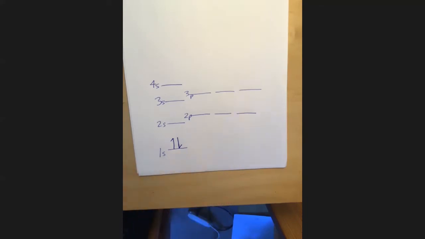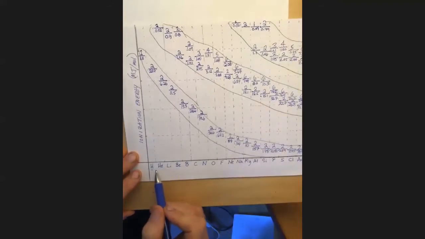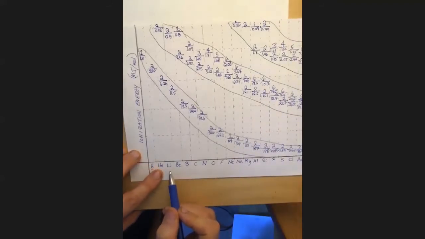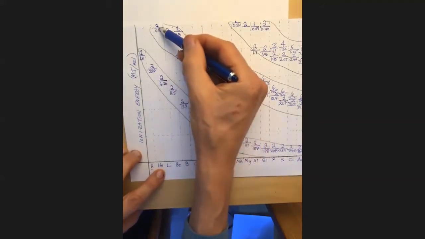Now, the next rule is the Pauli exclusion principle, and it actually comes into play at this point, even if it seems obvious that we shouldn't need to worry about it. For instance, we know from the photoelectron spectroscopy data that lithium has 2 electrons here and 1 in the 2s, a single electron up here in the 2s.